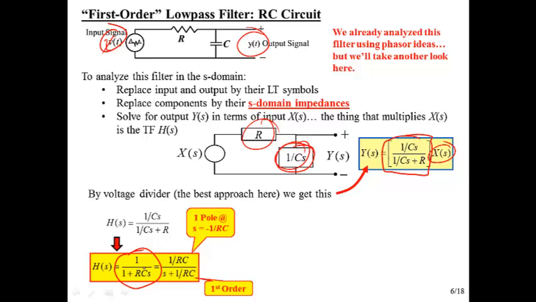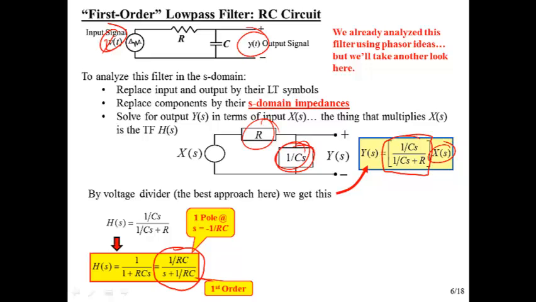And then the last thing we want to do is make the highest power have unit coefficient. So now we multiply top and bottom by 1 over RC, and we get the form that we would prefer. So this is our transfer function. All three versions of the transfer function shown here are algebraically equivalent, but this is the standard form.